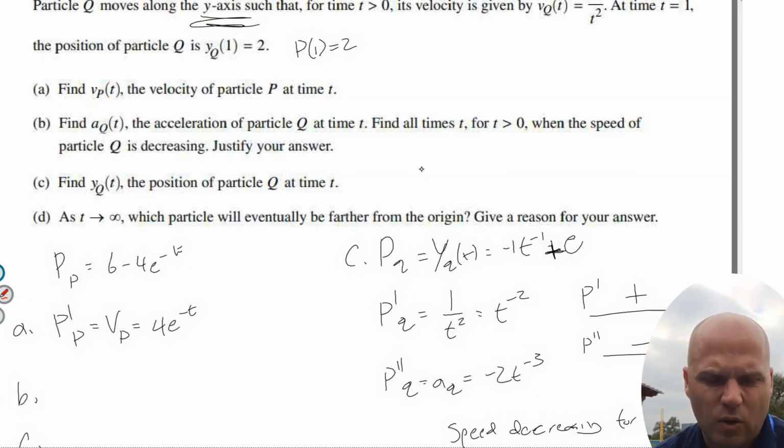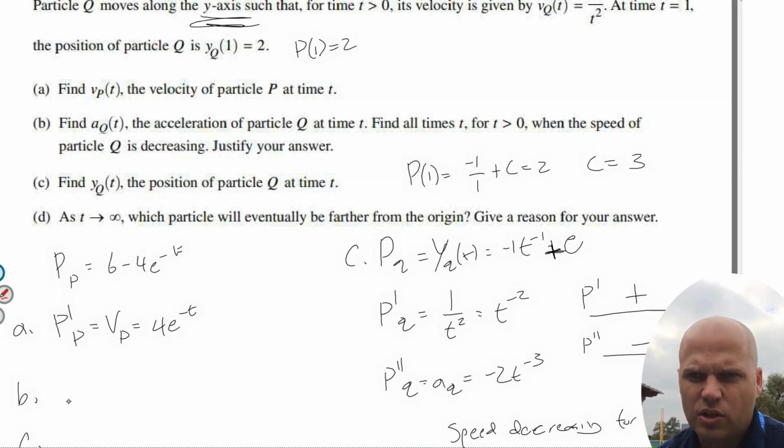So I'm going to do my homework. It's negative 1 over t plus c, which equals 2. So c equals 3. So the answer, yq of t, is negative 1 over t plus 3.